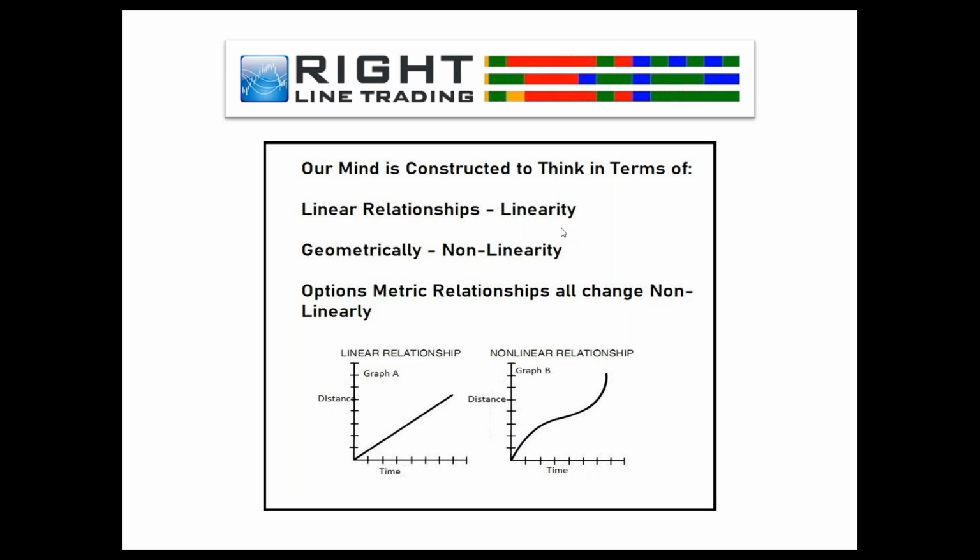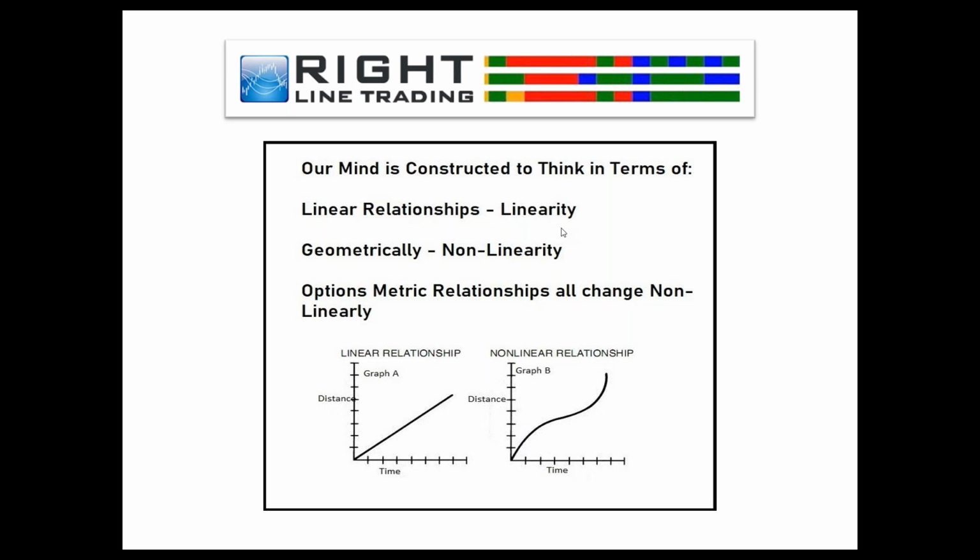Things don't move geometrically, they move linearly. If we look at Newton's laws, force equals mass times acceleration, everything in that equation is linear. Nothing is raised to the second power.